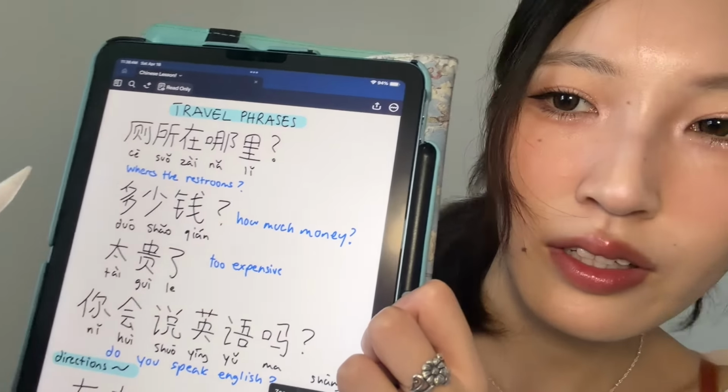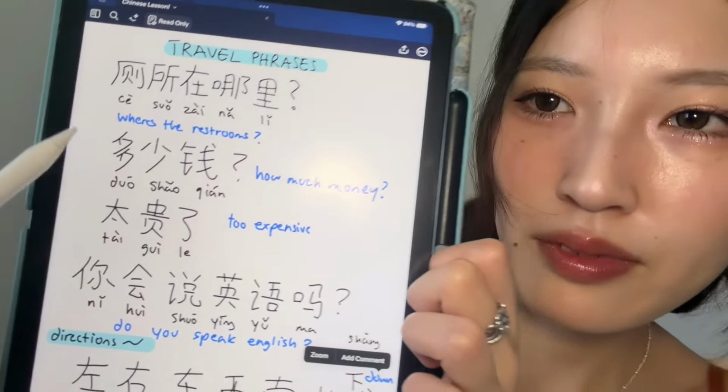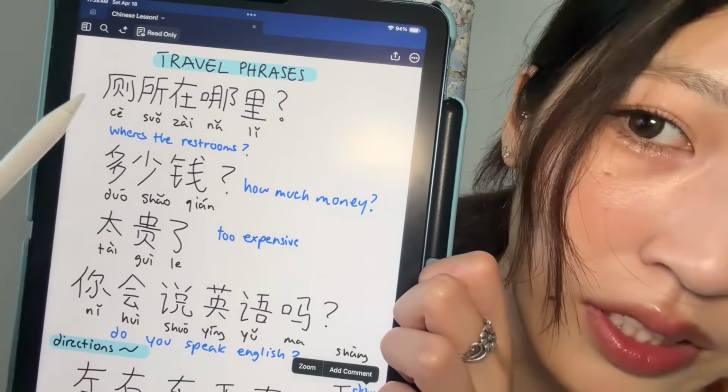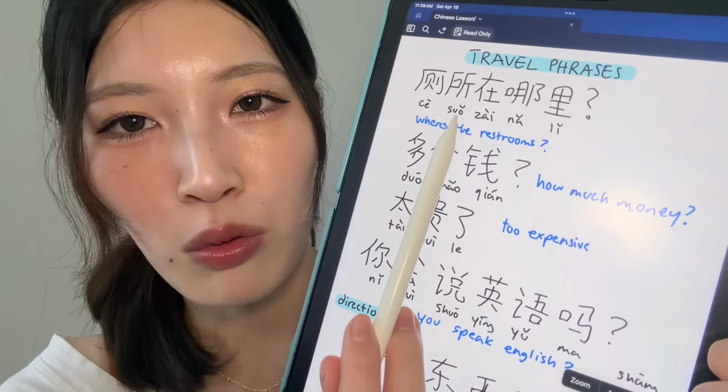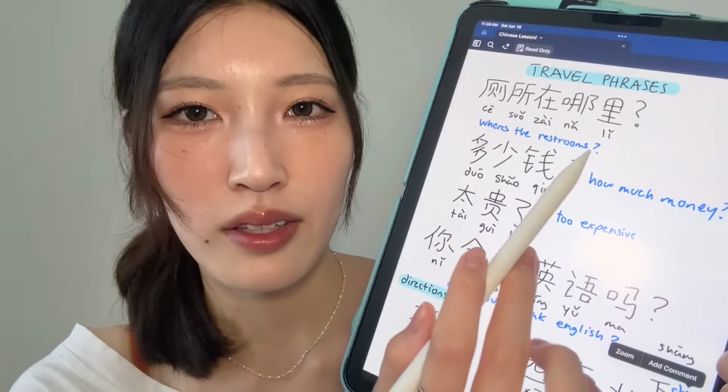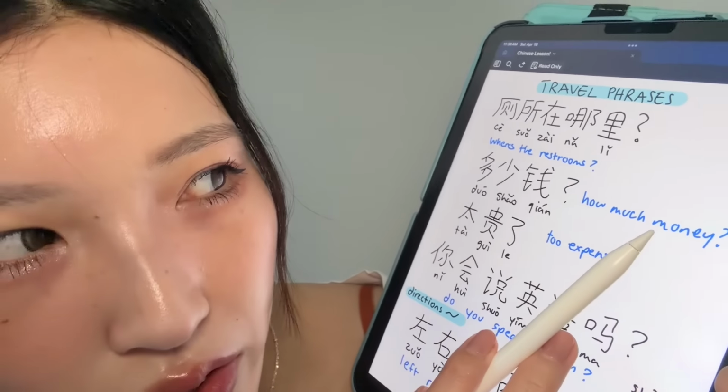So travel phrases. 厕所在哪里？厕所 just refers to restrooms. And this is interchangeable with anything. If you want to say where is the restaurant, 餐馆在哪里? Just 在哪里 is how you would ask where something is.